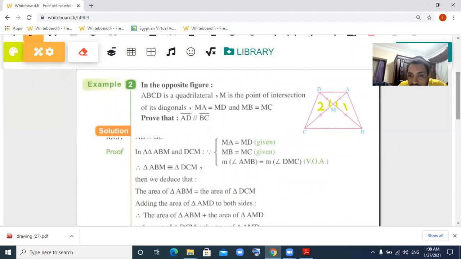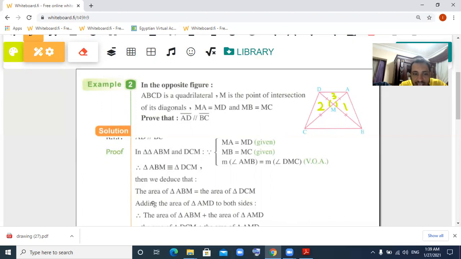If we add triangle number 3 to the area of triangle number 1, we have a new triangle ADB. And if we add the area of triangle number 3 to the area of triangle number 2, we have the area of triangle DAC.